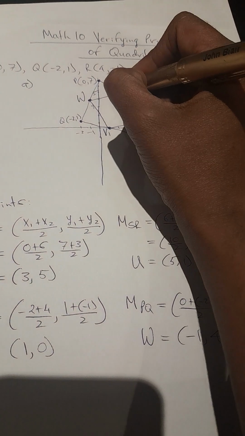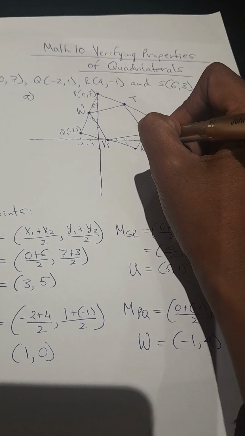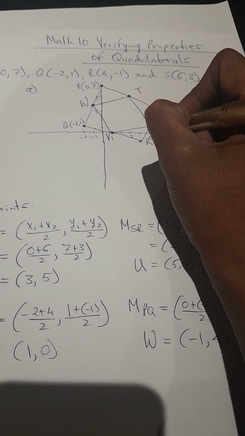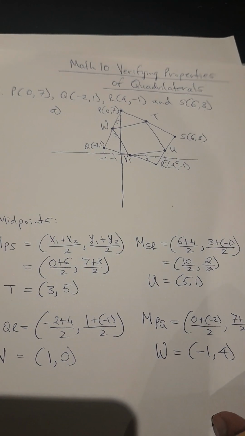So I think we'll do WT, and then we're going to do V and U. So I'm going to write out the slope formula here. So I'm going to do slopes of each side. And remember again to use the lowercase m to indicate the slope.